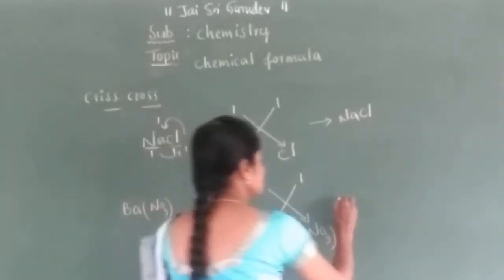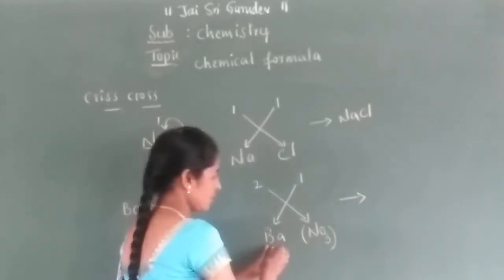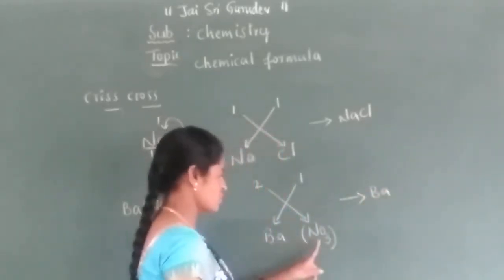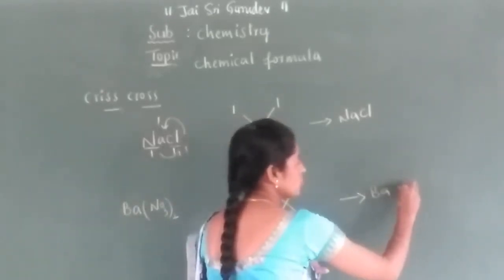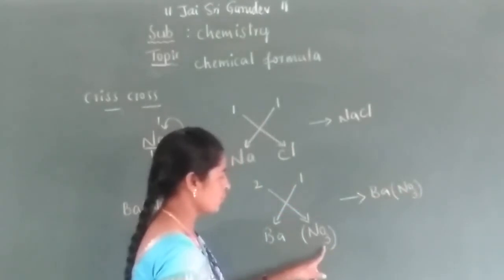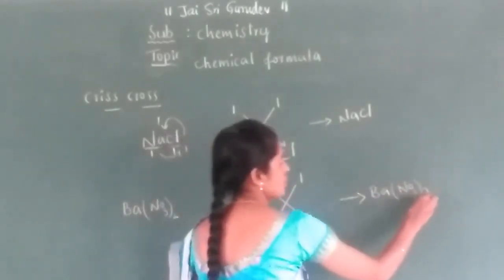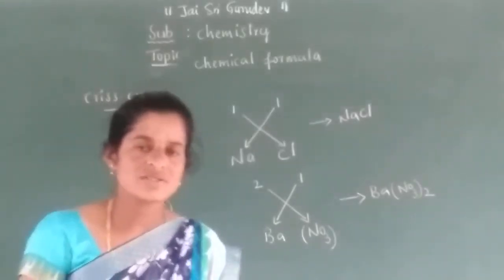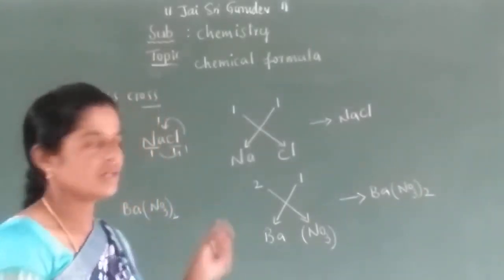Now it is very easy to write. Ba carries a positive charge, so write Ba first, later NO3. How many NO3 are present? It is twice. So like this we can write the formulas of any given ions.